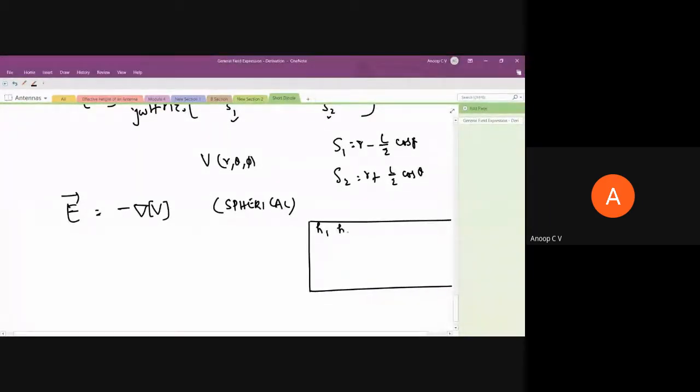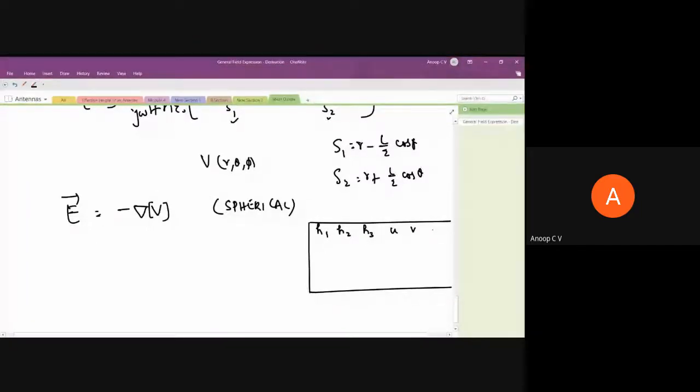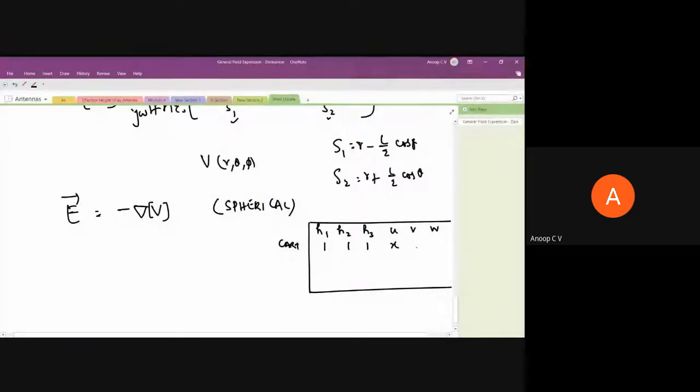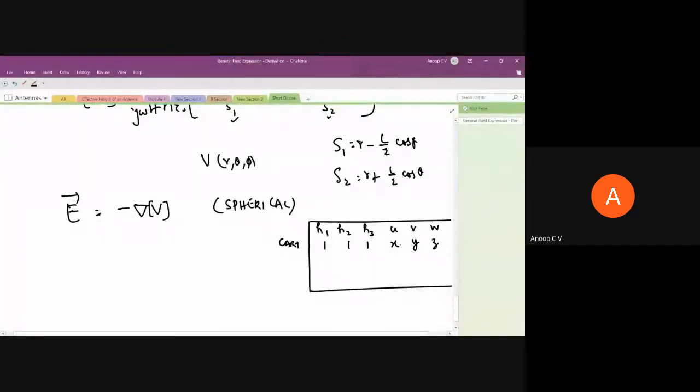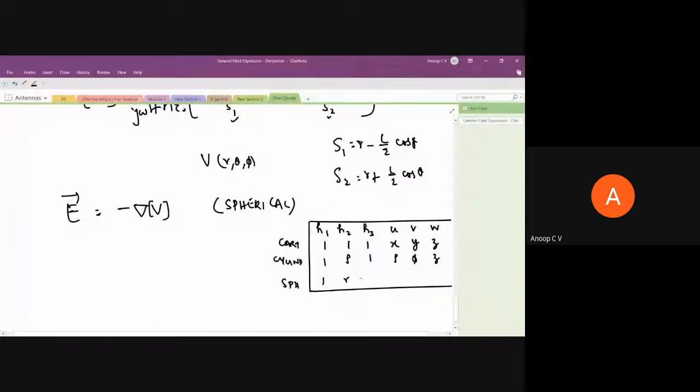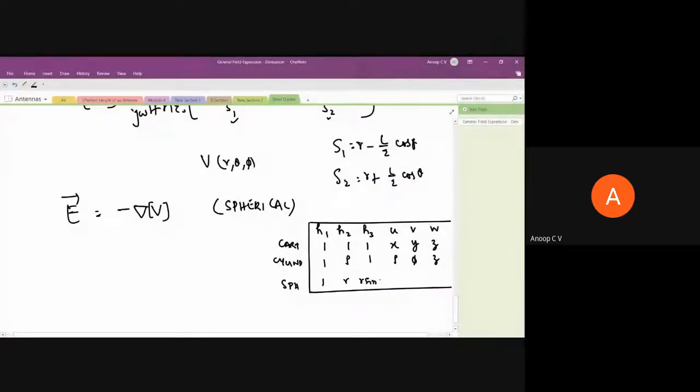You might have studied this: H1, H2, H3, and U, V, W. In Cartesian, H1, H2, H3 are 1, 1, 1, and U, V, W are X, Y, and Z. In cylindrical it is 1, rho, 1, and the coordinates are rho, phi and Z. Similarly in spherical, it is 1, R and R sine theta, and the coordinates are R, theta, and phi.